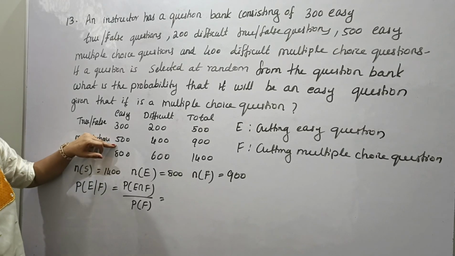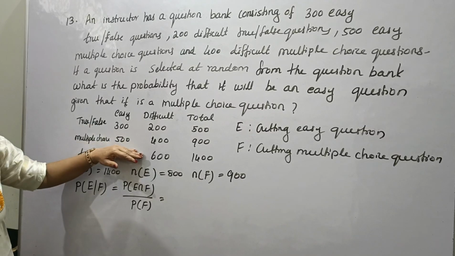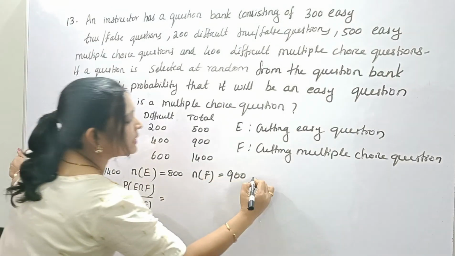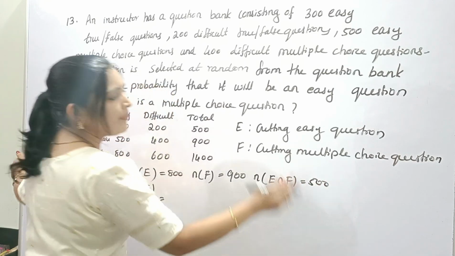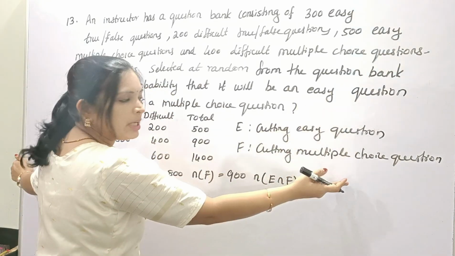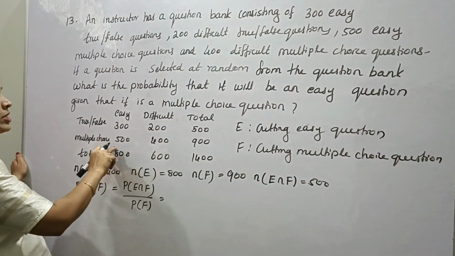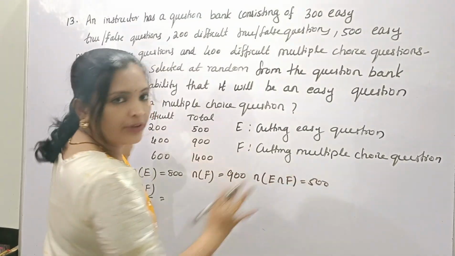How many questions are there? 500. Therefore, the number of E intersection F is 500.